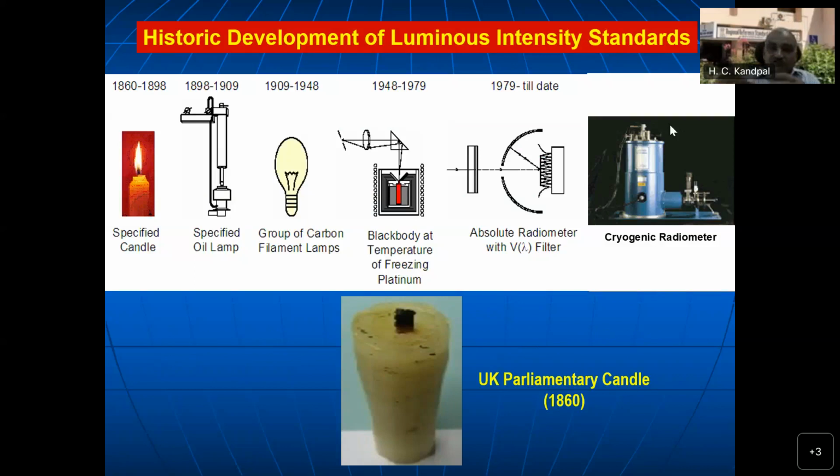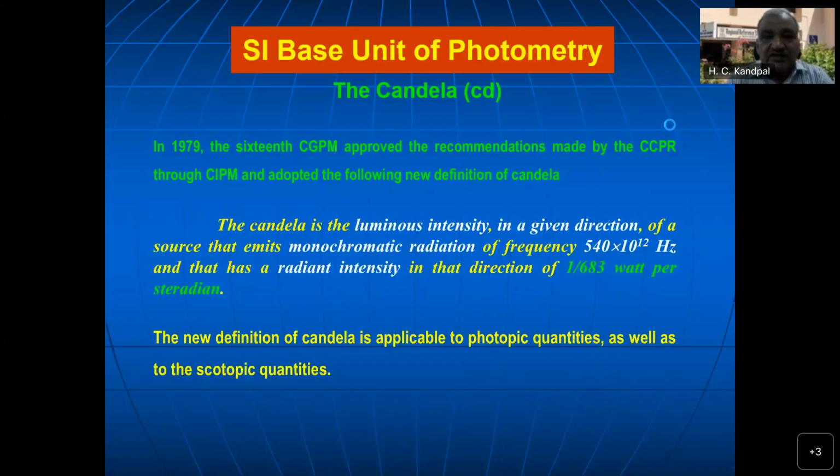To minimize the thermal noise, the radiometer was put in a system where helium cooled it to 4 Kelvin. Therefore, it is called a cryogenic radiometer. You will have a glimpse of those radiometers. And the definition before 1979 was quite perplexing and nobody could understand it, whichever way it was defined. I have not included that because it would have confused.